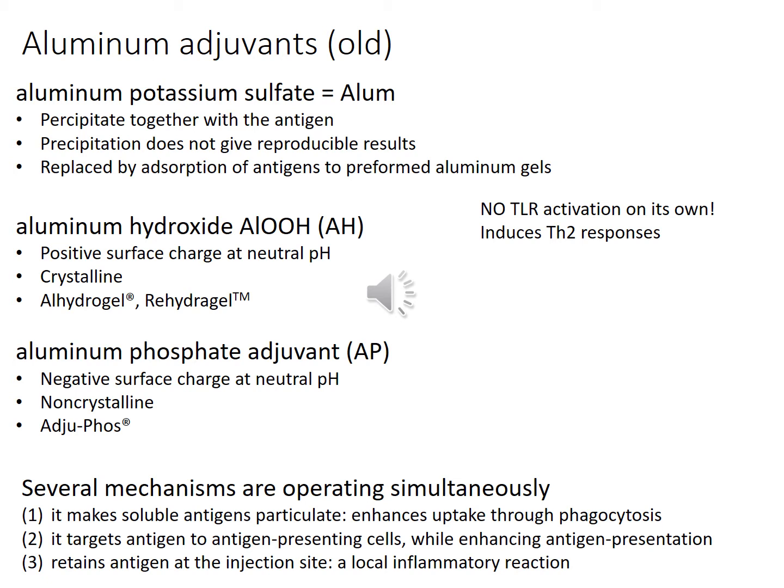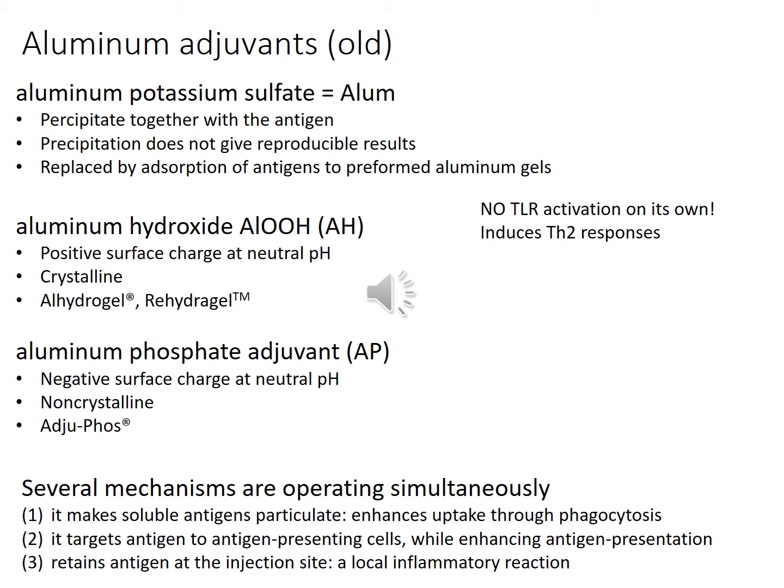So very small crystals would absorb much more antigen, while larger crystals would absorb less antigen, and crystal formation is quite hard to control. So what are the mechanisms behind the function of the alum or the aluminium adjuvants?